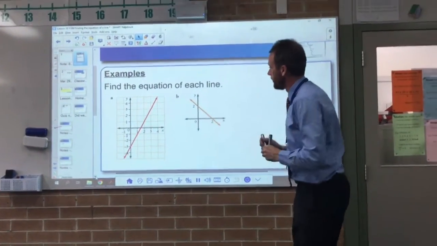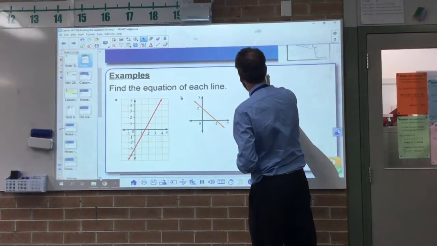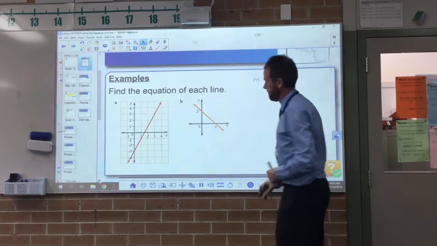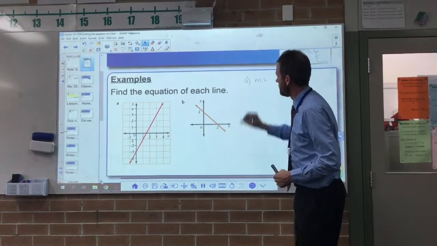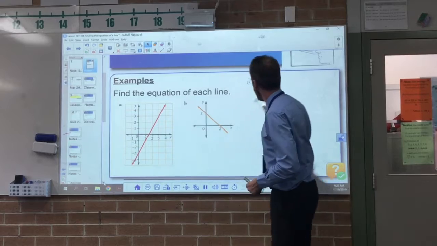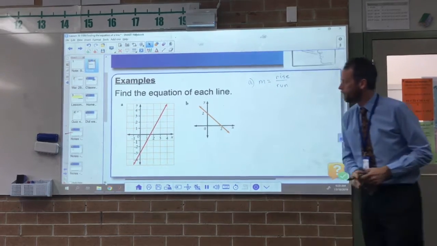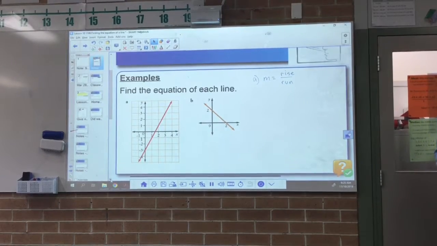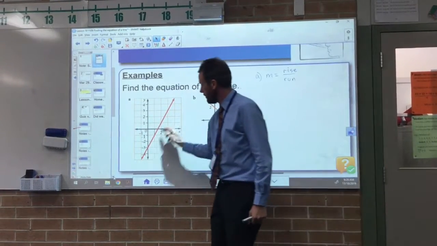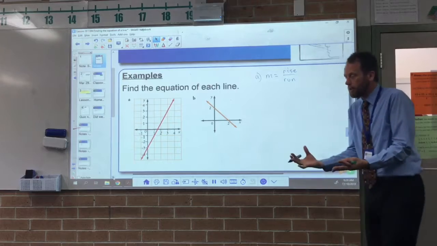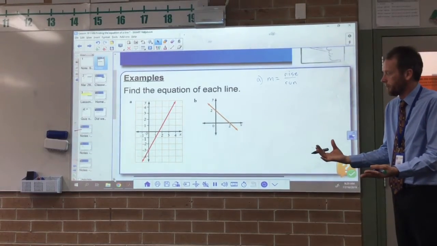What we've got firstly, the first thing I like to do is to find my gradient. So this is part A. Find my gradient, and I should remember gradient is rise over run. This slope is positive. Sometimes finding the rise over the run looks a bit complicated.